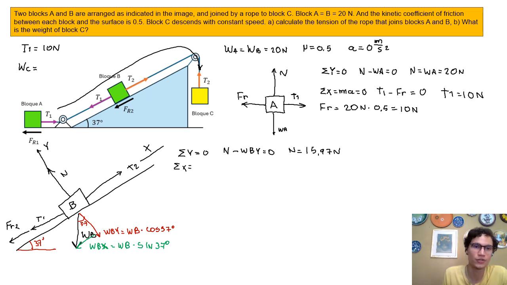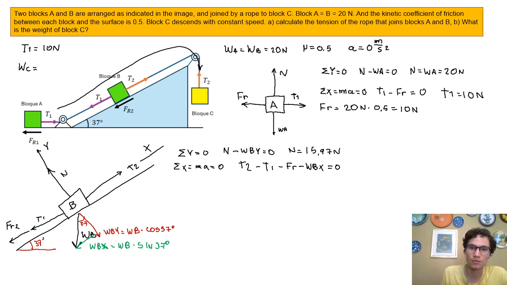The acceleration is constant because all the blocks are interconnected. That means all the blocks have the same speed and the same acceleration. So it's also equal to mass times acceleration, and acceleration is equal to 0. We have the tension 2 being positive because it's in the direction of the movement. Minus tension 1 minus friction minus the weight in the x-axis, and this is equal to 0.